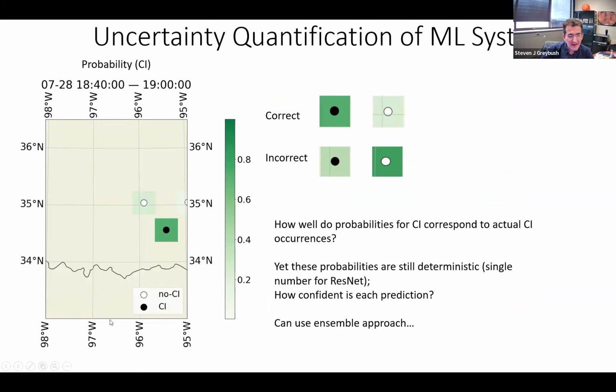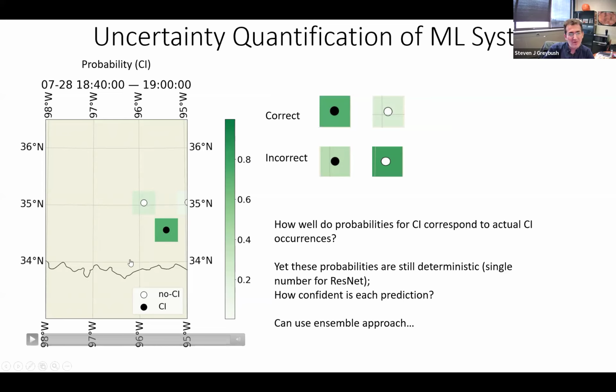So we could also look at some uncertainty quantification. In other words, when we do a prediction for CI, we're going to get a probability of what the odds of having CI in that square are going to be. So we would hope that when there's a high probability, let's say 90% chance of CI, then we have more successful forecasts.